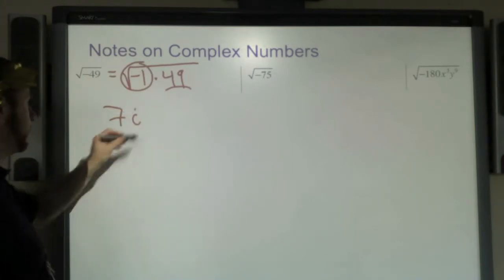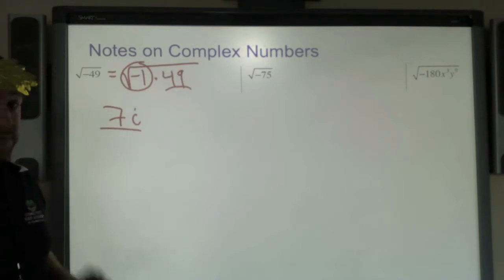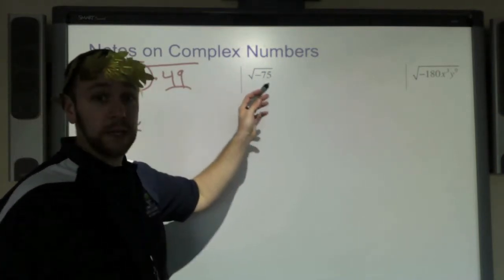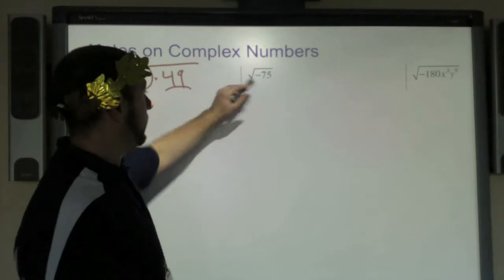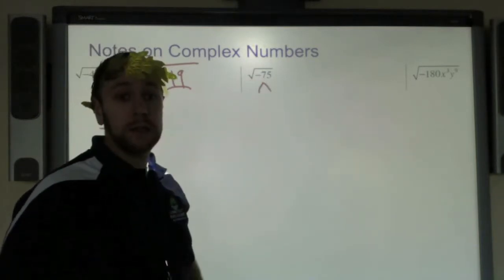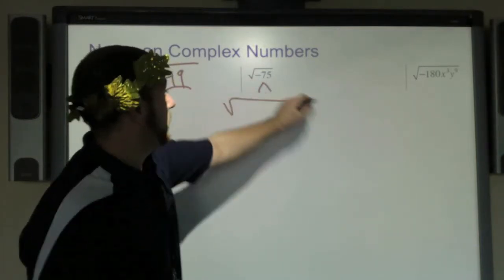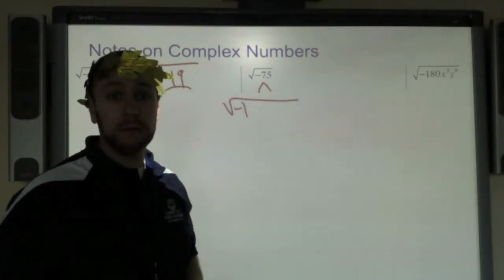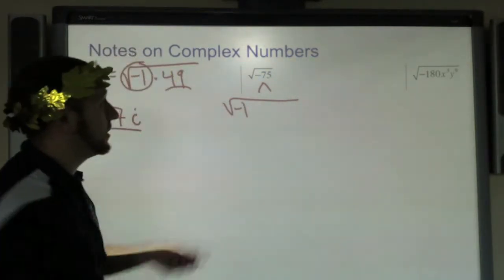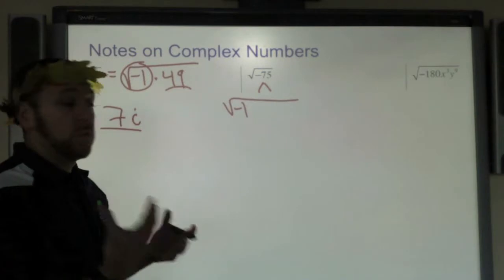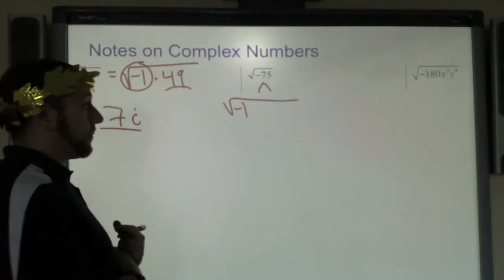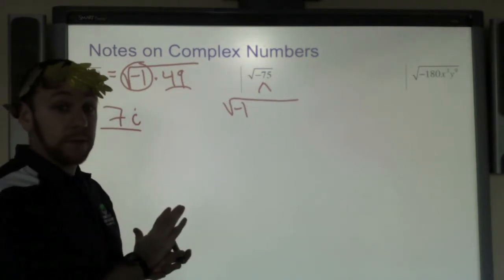When you're left with things like the square root of -75, I have to split -75. First, I take out the negative, and then I have to ask myself, 75. What two numbers multiply to 75 that I can find the square root of? And the easiest one is 25 times 3.